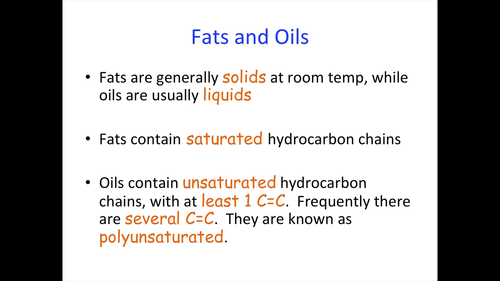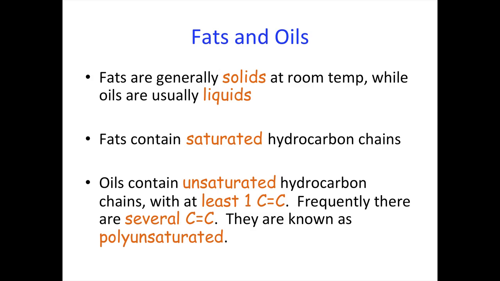So fats contain saturated hydrocarbon chains, while oils contain unsaturated hydrocarbon chains with at least one carbon double bond. Frequently, there are several carbon double bonds, and they are known as polyunsaturated.